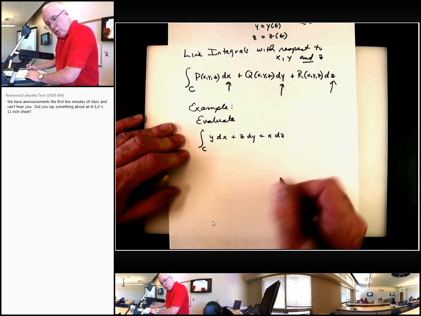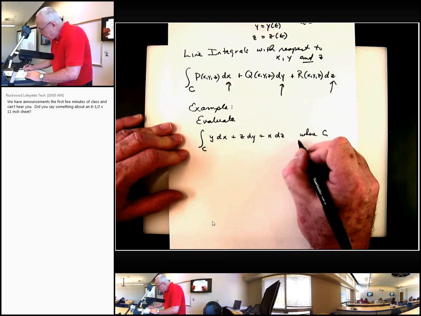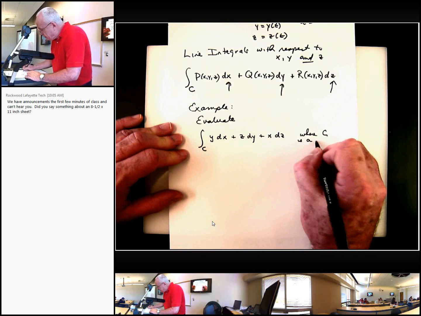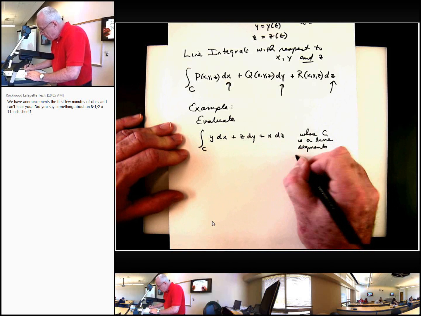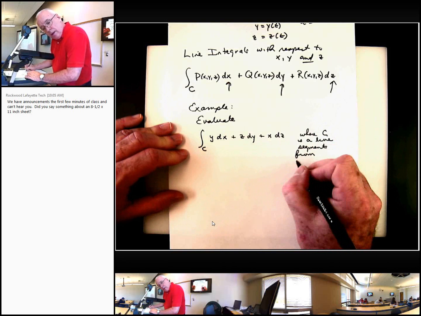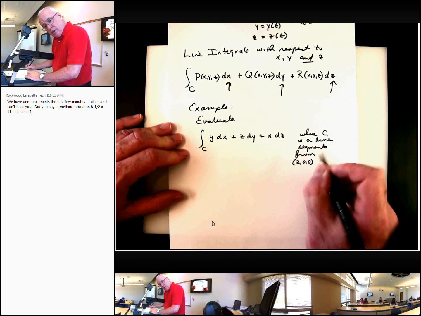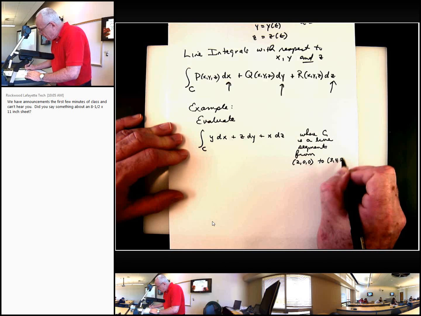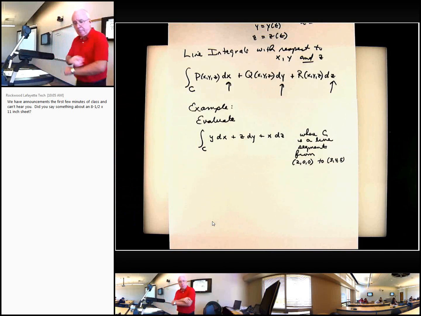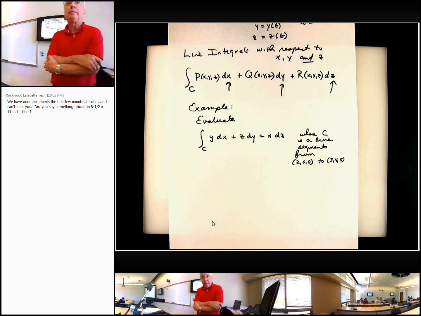And let's see what our curve is, where C is a line segment from, let's see, it starts at (2, 0, 0) and it ends at (3, 4, 5). Okay, so now we have a straight line in space.